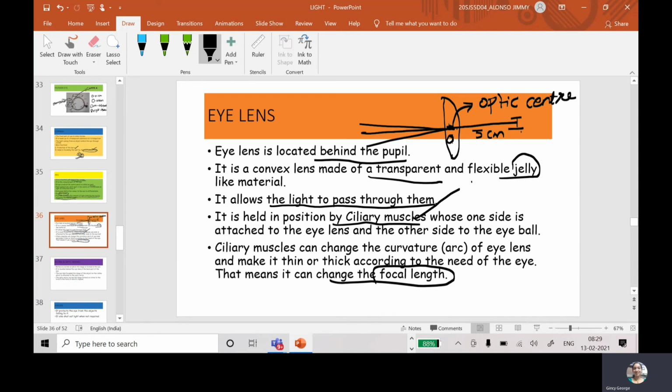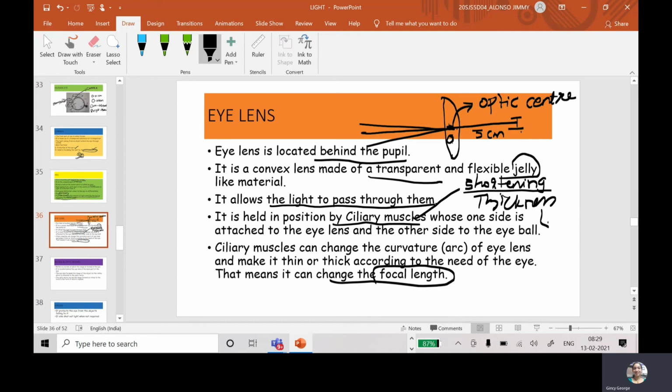The first action is tightening or shortening. Tightening or shortening means it makes the eye lens contract. So the contraction or shortening of the eye lens with the help of ciliary muscles makes the eye lens thick.